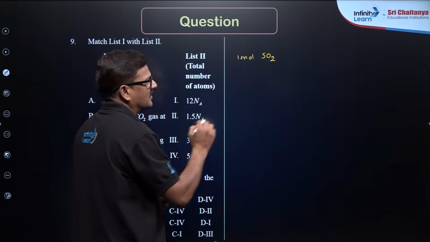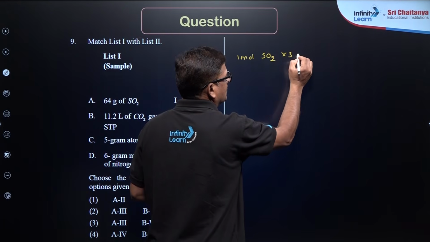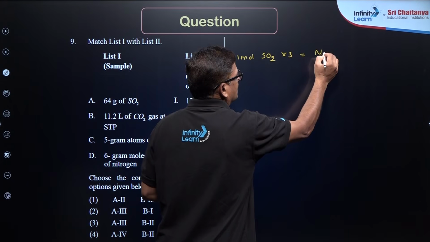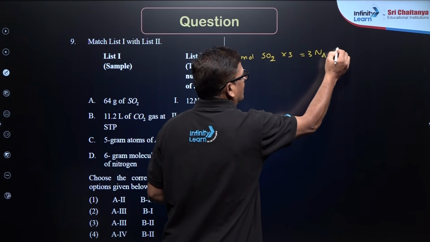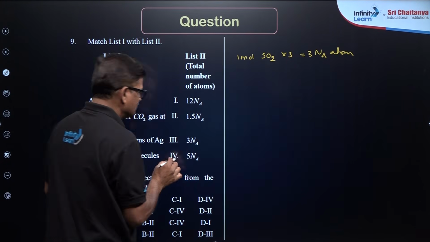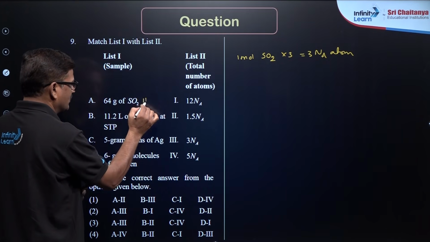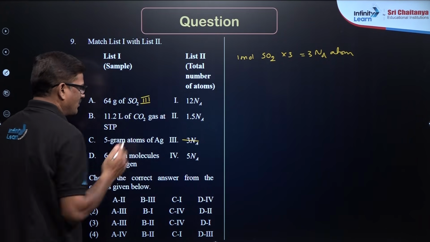So each sulfur dioxide has 3 atoms, so 3 Na atoms are there. It is matched.